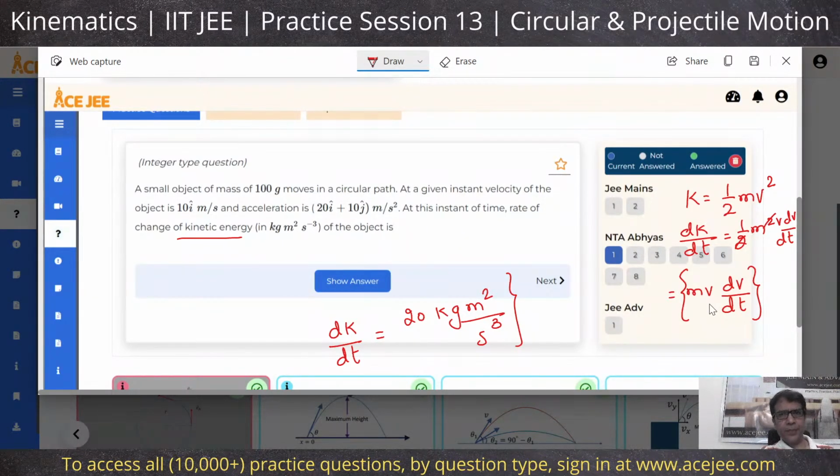Right, Ruchika beta? Is that how you have done it? Yes, sir. Okay. So what is dv by dt beta? At what rate? So you have picked this value, or you have taken the magnitude of the acceleration beta? Sir, I just did dot product of the velocity and the acceleration.